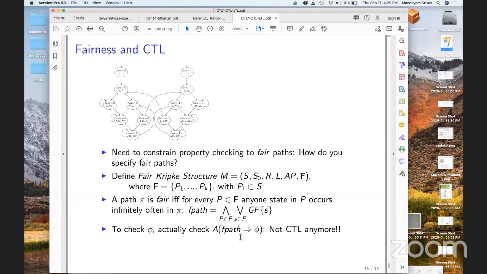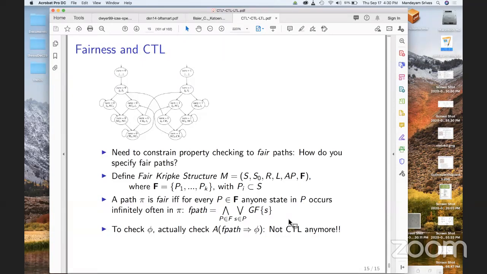But unfortunately, because it has this implication in here, it is no longer in CTL anymore, because CTL doesn't allow you to apply even these kinds of logical operators on your path formulas. Therefore, the takeaway here is that you can't do this in CTL.